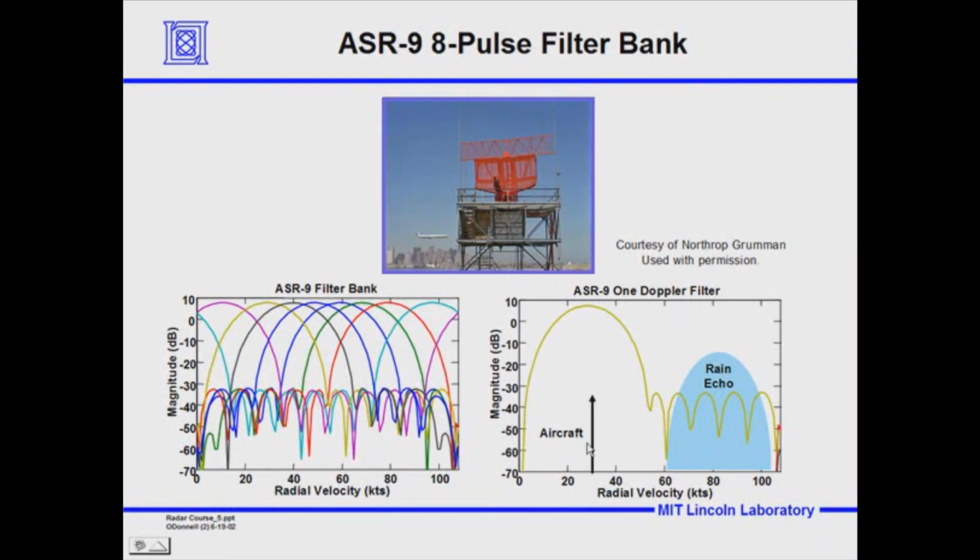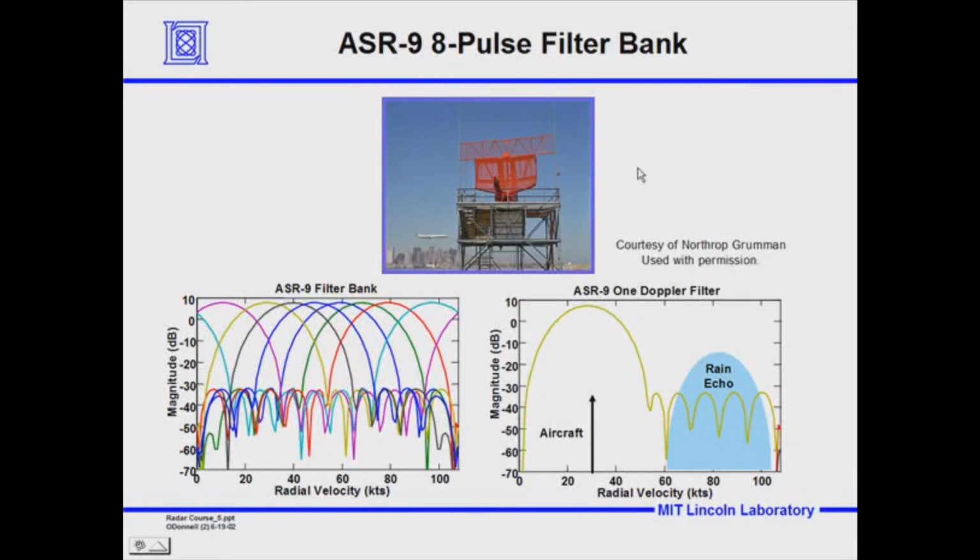So in this case, we have the aircraft competing at the peak of this Doppler filter, and the rain echo being suppressed by the 40 dB down side lobes of the Doppler filter. So the rain echo would be suppressed, and the target would be seen in this particular filter.